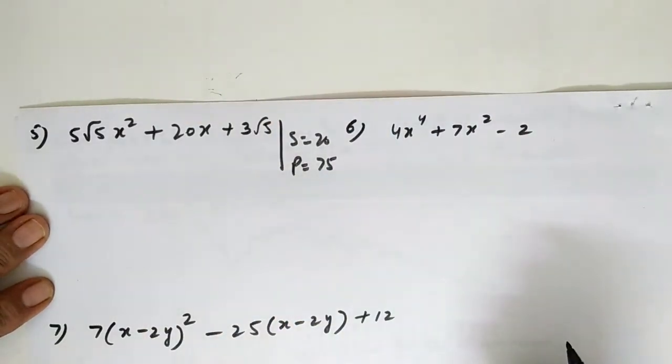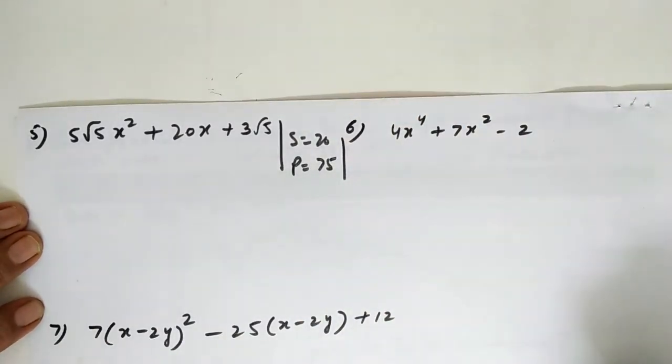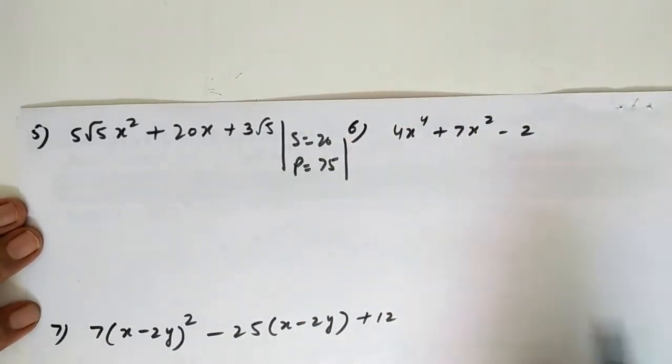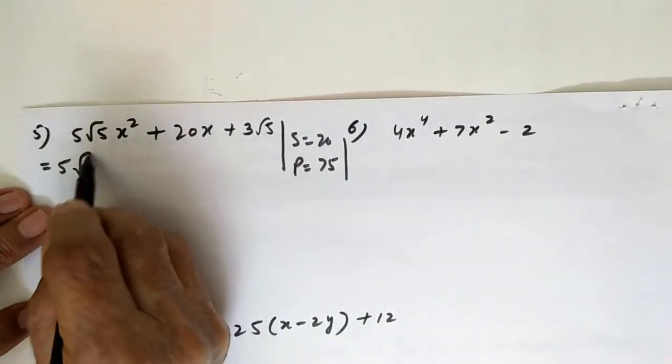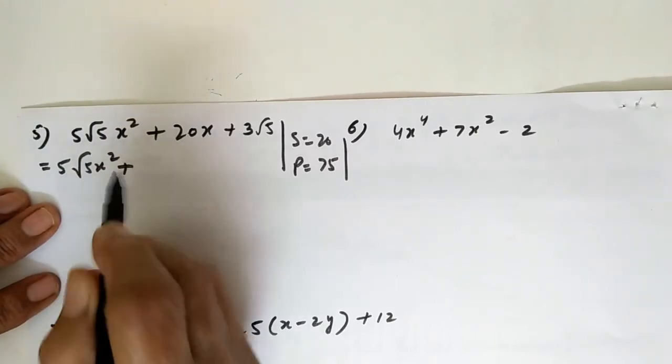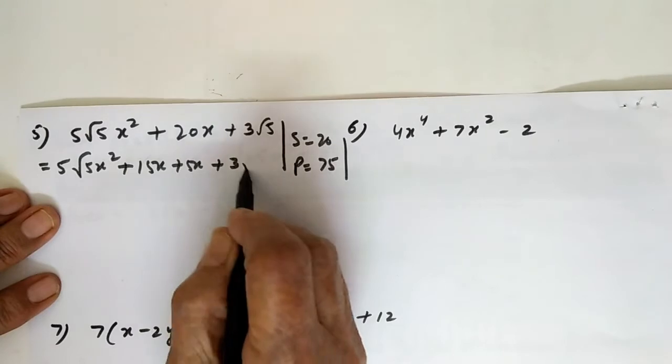So all positive signs are there, so it will be very easy. 15 plus 5 is 20, 15 times 5 is 75. So you can break the middle term: 5 root 5 x square plus 15x plus 5x plus 3 root 5.